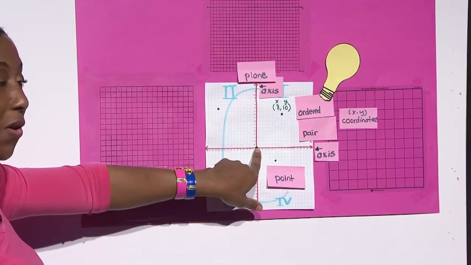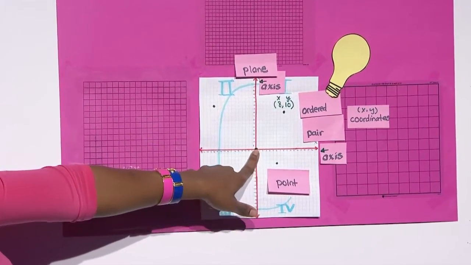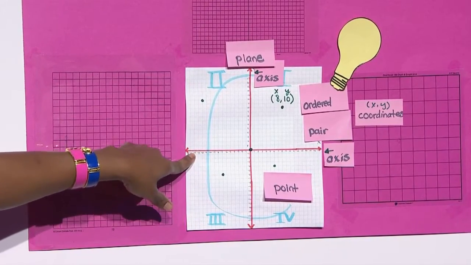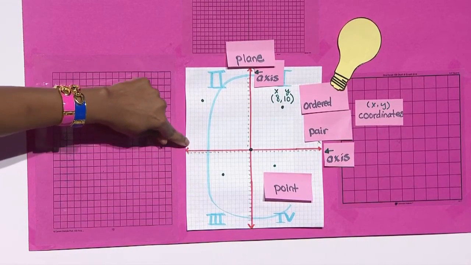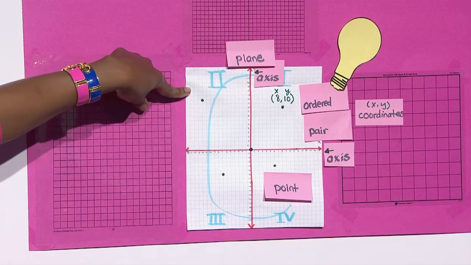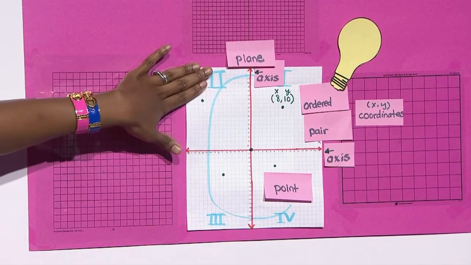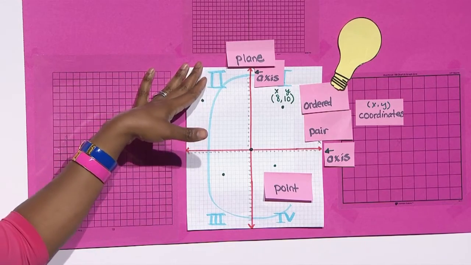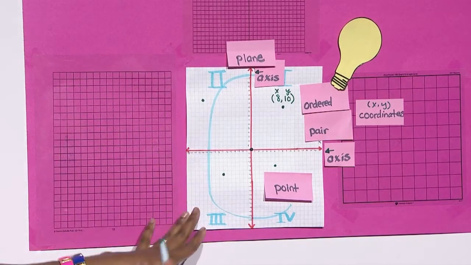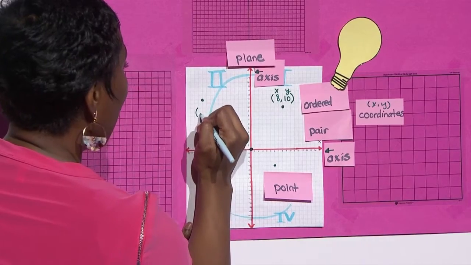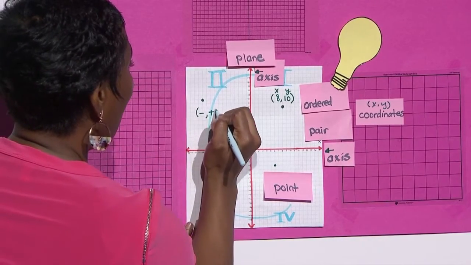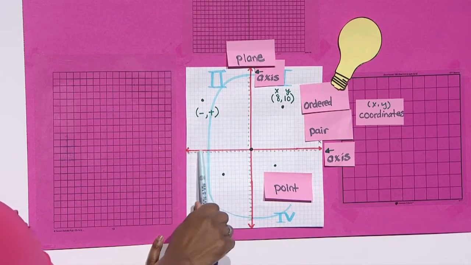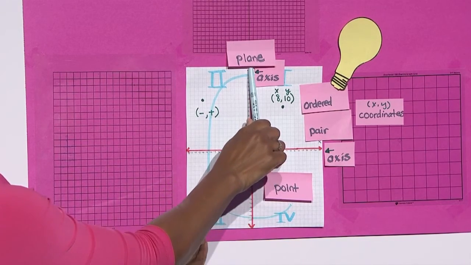Remember, start at the origin and move away in the direction of the x-axis, and then move in the same direction as the y-axis. So if I'm in quadrant 2, my ordered pairs are going to be a little different. They're still going to be ordered pairs, but over here, everything is going to be negative, positive. Negative x values, but still positive y values.